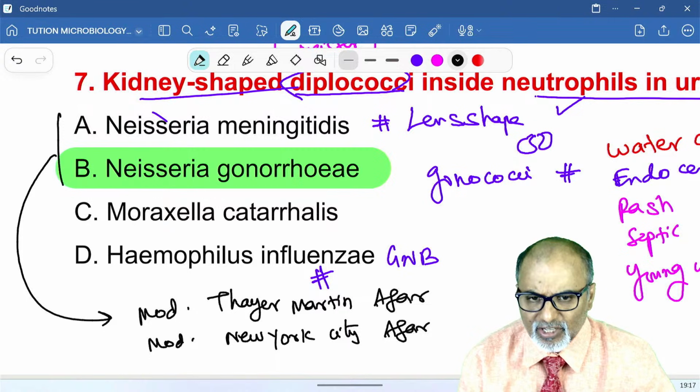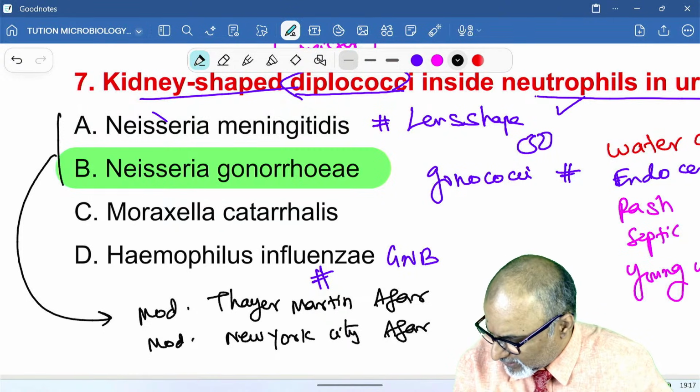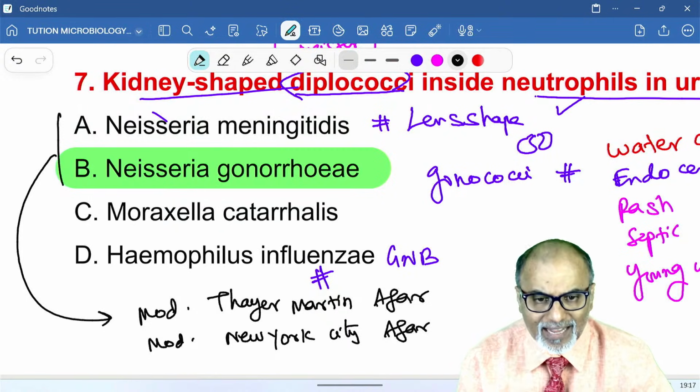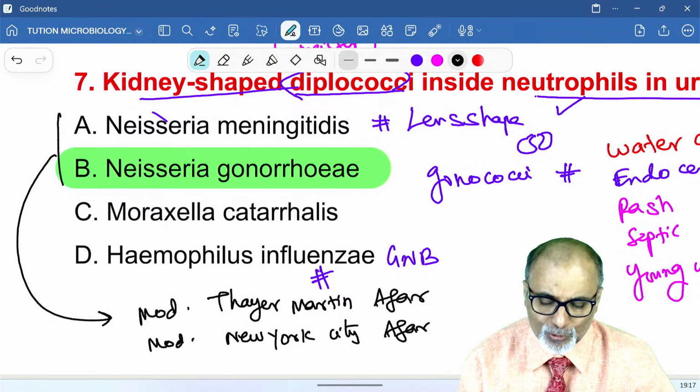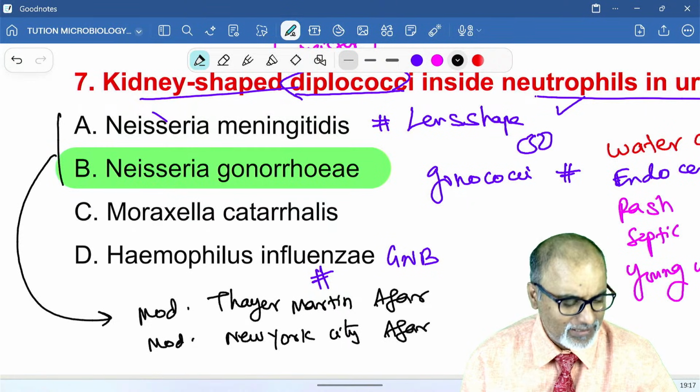For treatment, you can go for ceftriaxone, or the syndromic approach, cefixime with azithromycin combination.